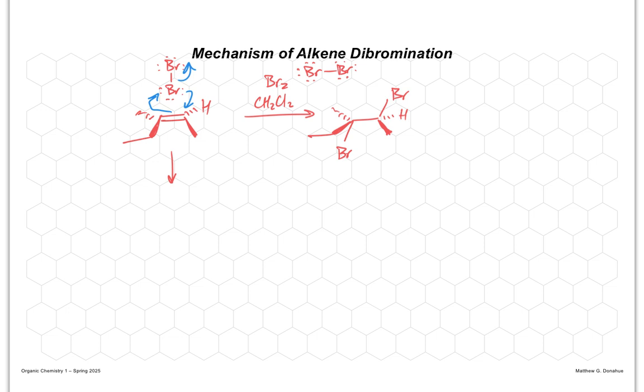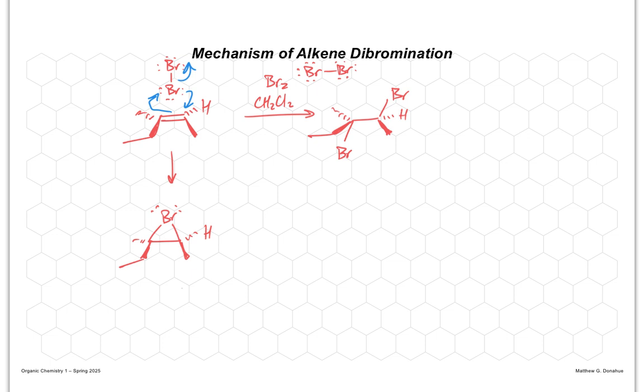So here's our central carbon-carbon bond. I'm going to stick the stereochemistry back in. There's the bromine. 1 bond, 2 bond. It still has 2 lone pairs.